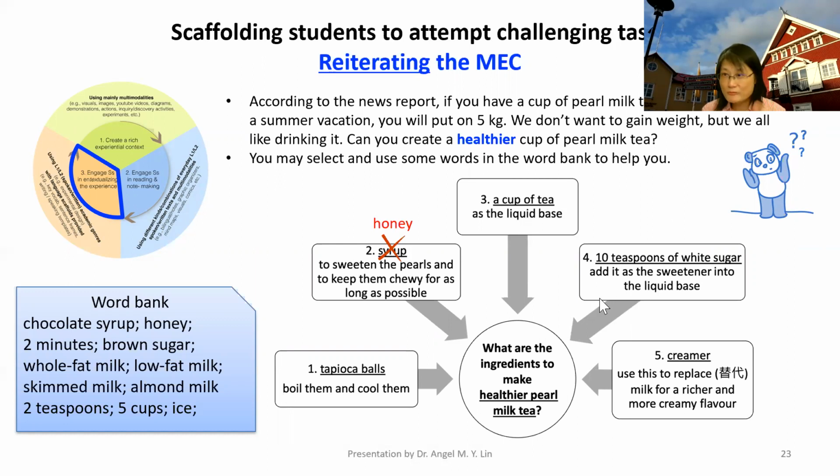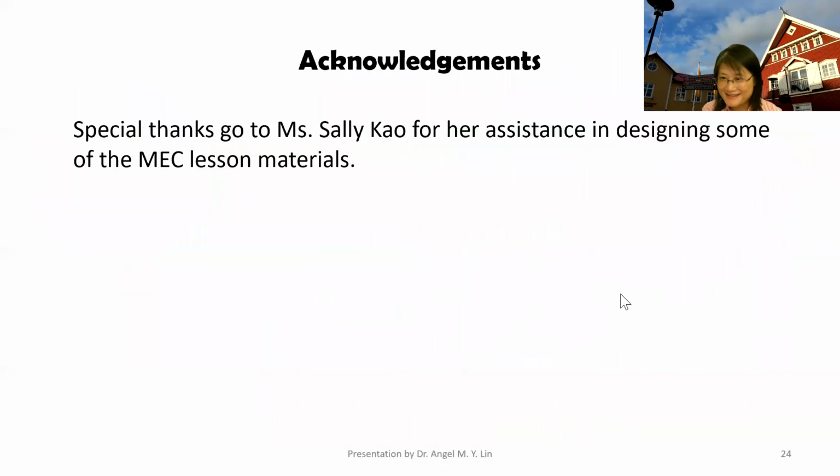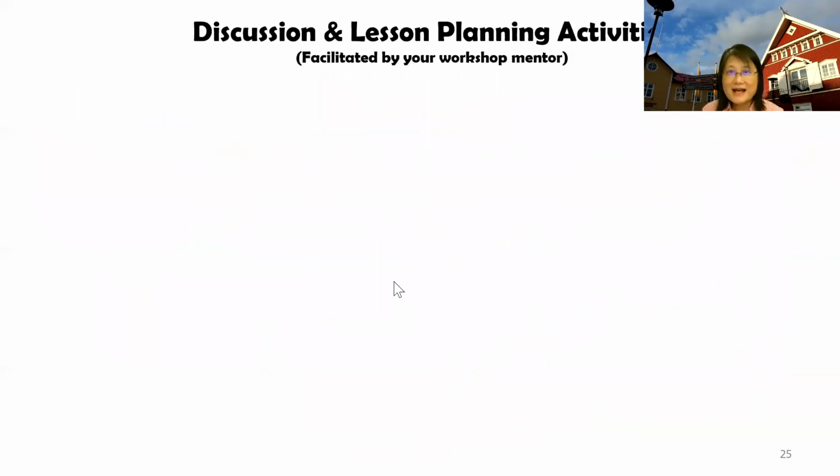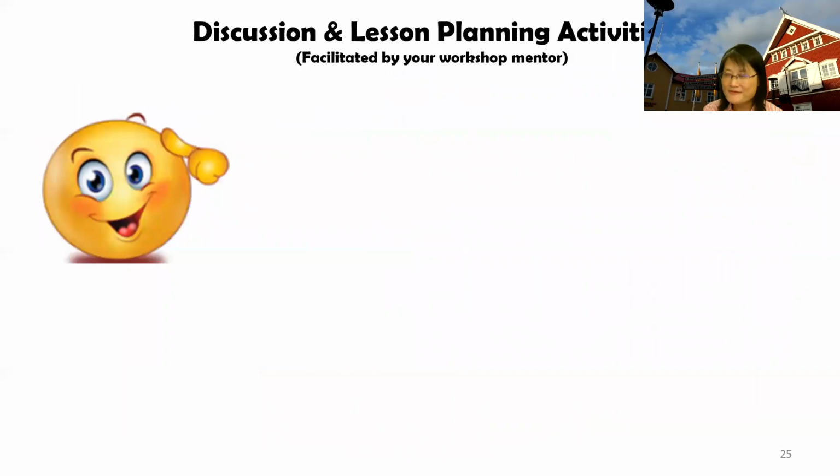So repetition with variation, a parallel task, right? So all these students can design and give their creative recipe. So I have gone through the example of MEC and parallel tasks, repetition with variation.